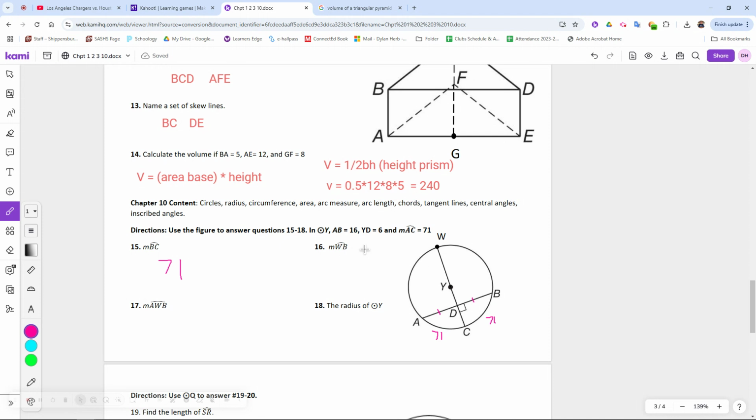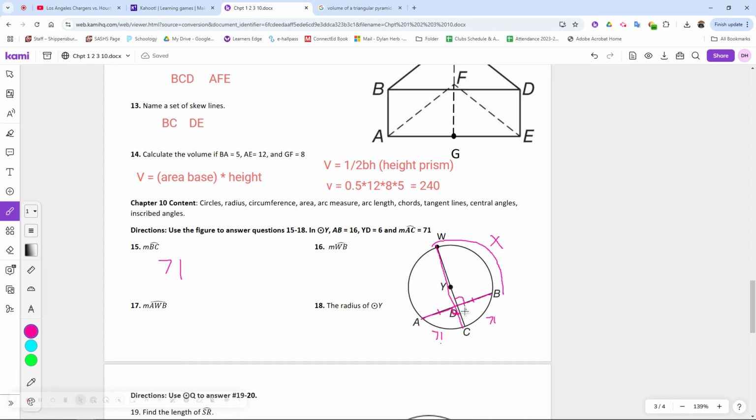Arc WB. This one can be a little tricky. We're trying to find the arc here. So that's formed by this angle in the center. And remember, these angles here are the average of the two arcs. So it's the average of 71 and whatever this arc is up here.